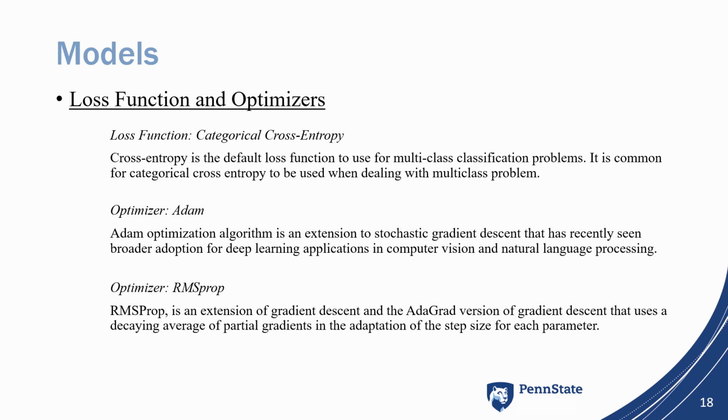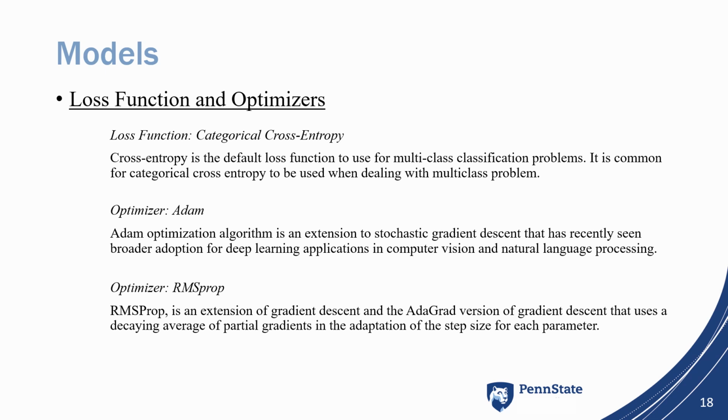The first optimizer that we use is Adam. Adam optimization algorithm is an extension to stochastic gradient descent that has recently seen broader adoption for deep learning applications in computer vision and natural language processing. Adam is an optimization algorithm that can be used instead of the classical stochastic gradient descent procedure to update network weights iteratively based on training data.